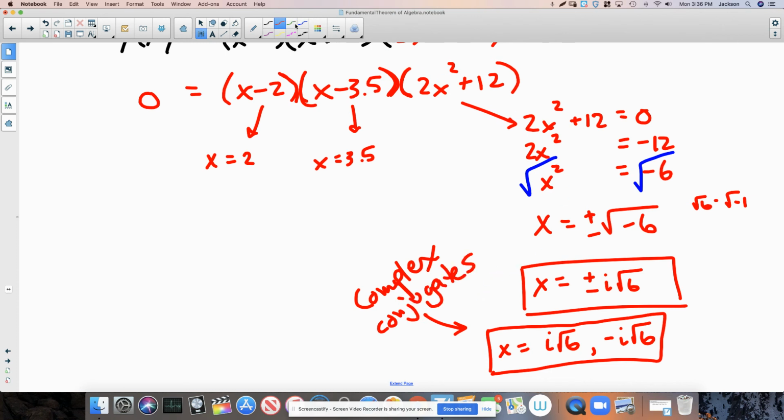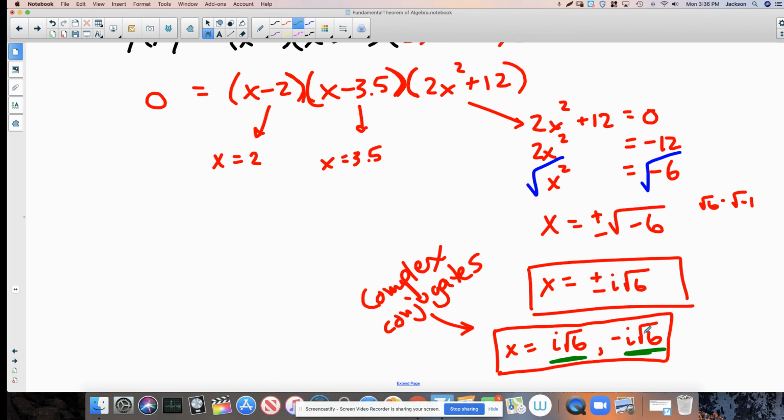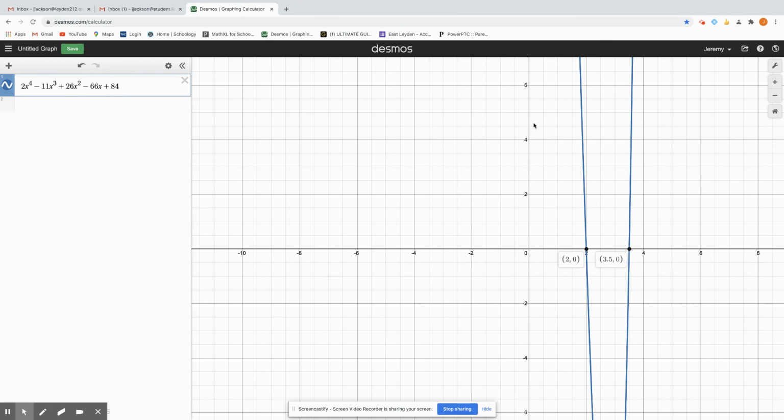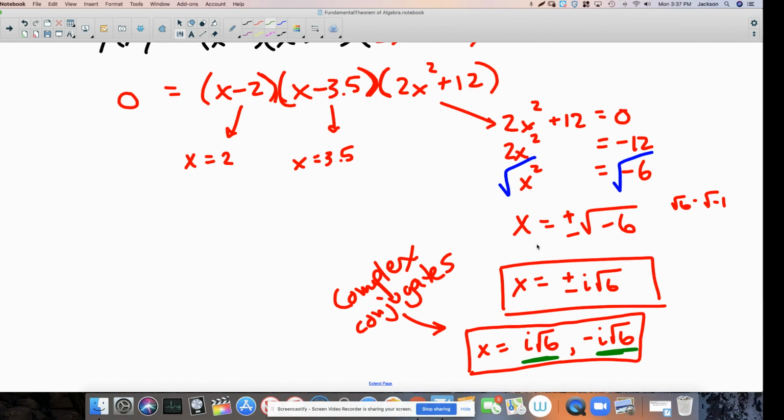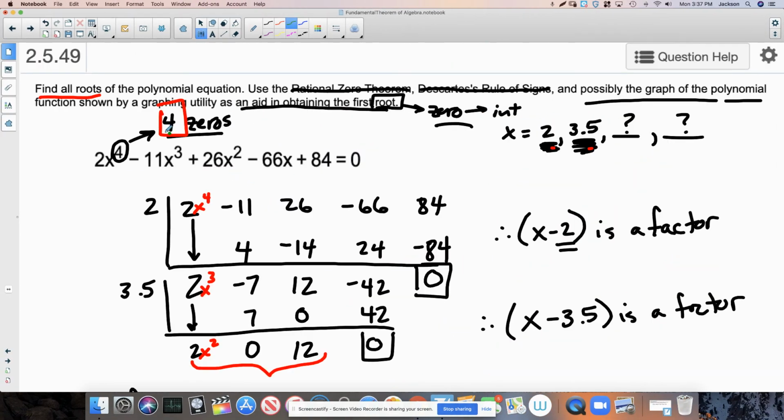These numbers aren't going to show up in my graph. This graph is the real number system. Real numbers for x, real numbers for y. So complex numbers don't show up in this graph as intercepts. So that was the key right from the beginning. We said, well, this is a 4th degree polynomial.